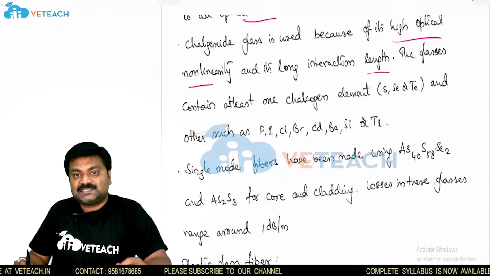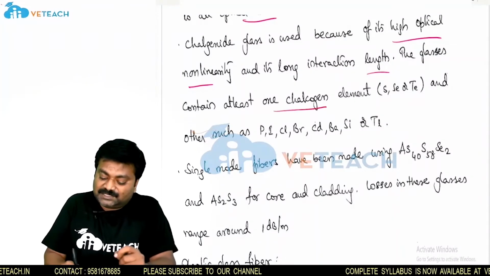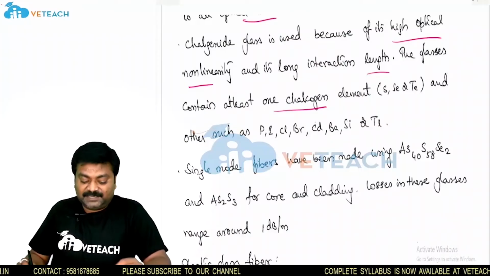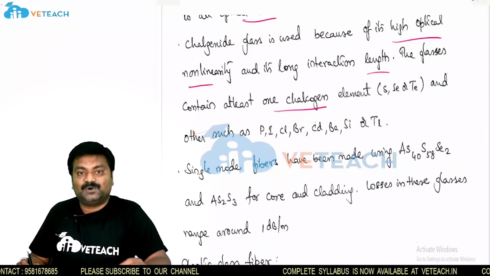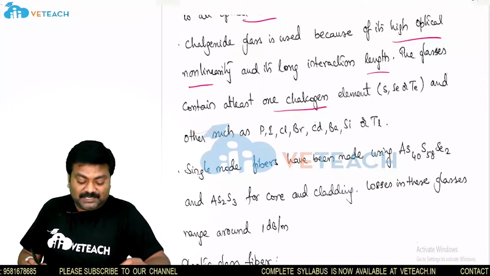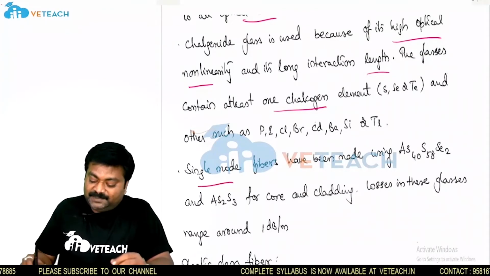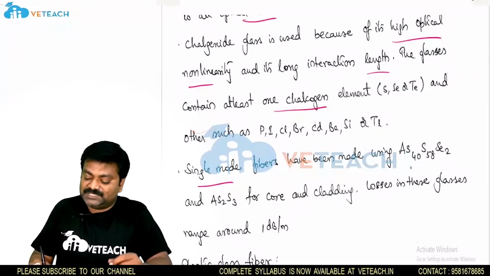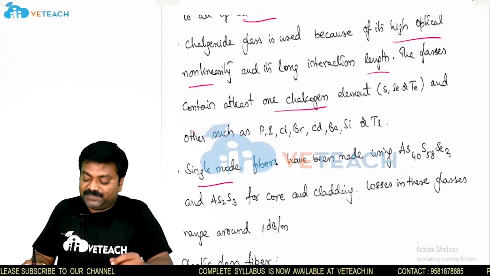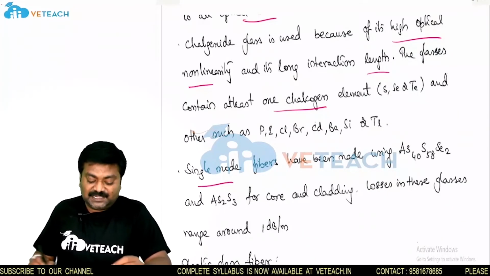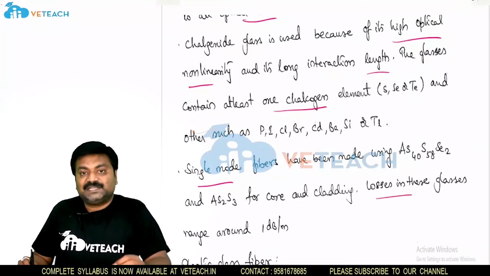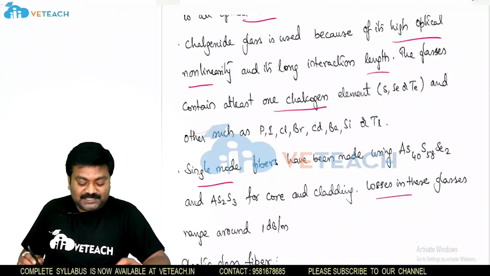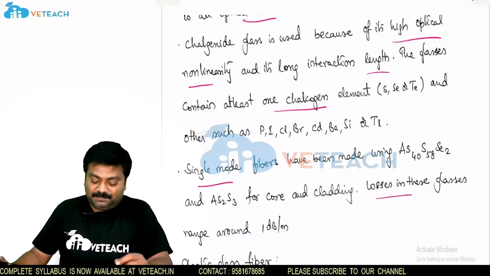The glasses contain at least one chalcogen element and others such as phosphorus, iodine, chlorine, bromine, barium, silicon and titanium. Single mode fibers have been made using As40, S58, Se2 and As2S3 for core and cladding. Losses in these glasses are around 1 decibel per kilometer.